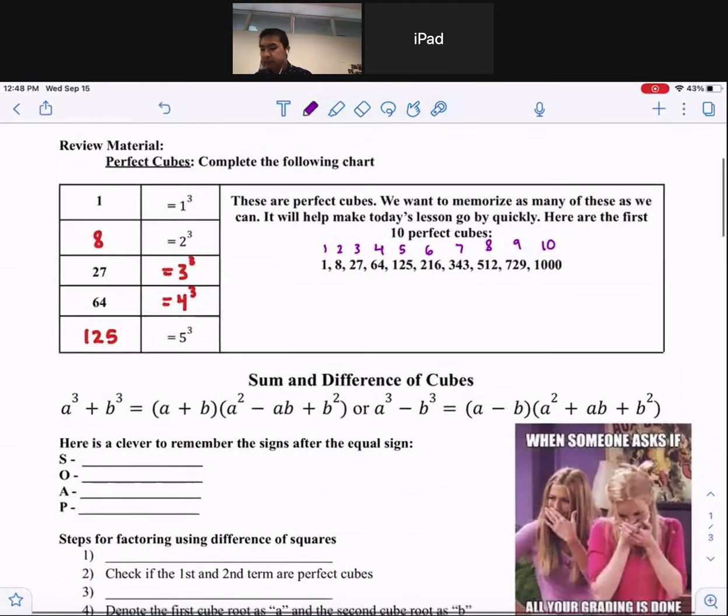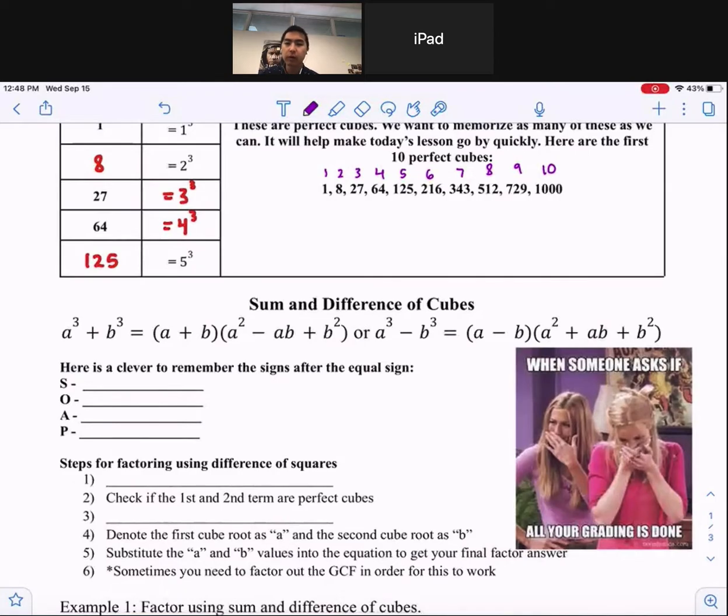It is important to remember these two distinct formulas right here. So that's one, and then this. You have to use these formulas in order to factor the sum or the difference of cubes.